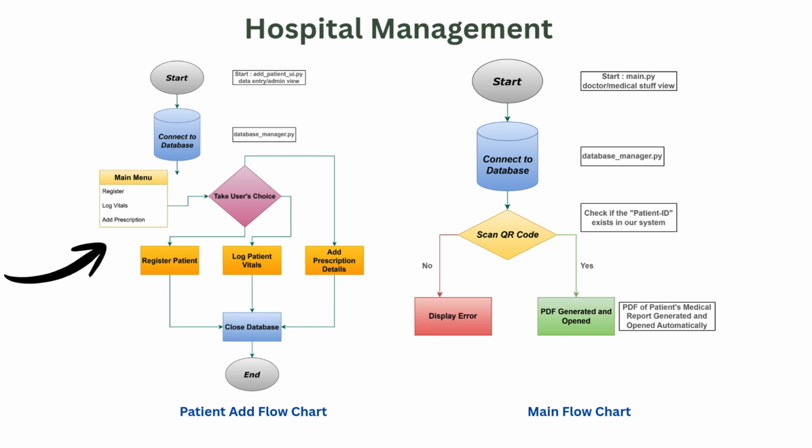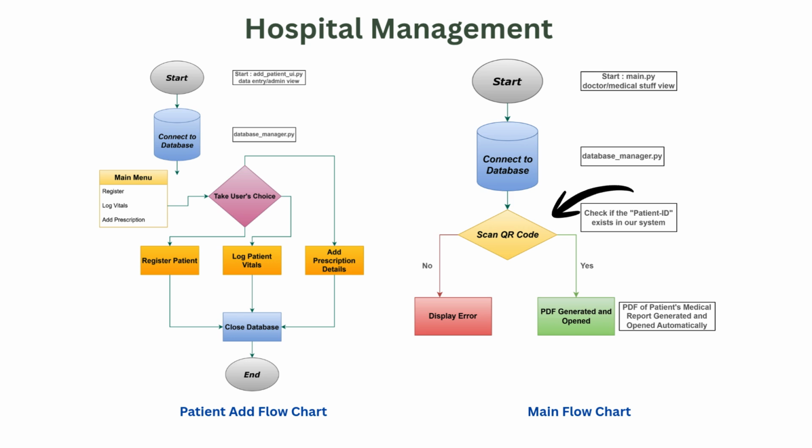Now, the second flowchart is for the doctor or the nurse. We will start by connecting to the database. Then we will scan the QR code that will be given to the user, or better to say the patient, when they register. So each individual patient will have an individual QR code, and by scanning that, we can get the patient ID.